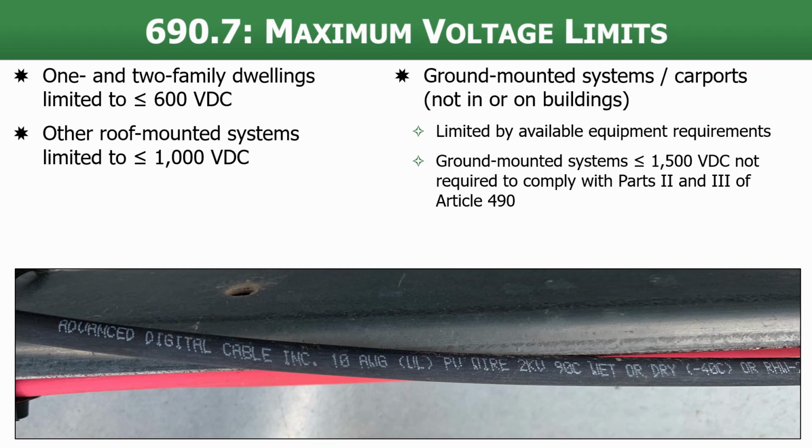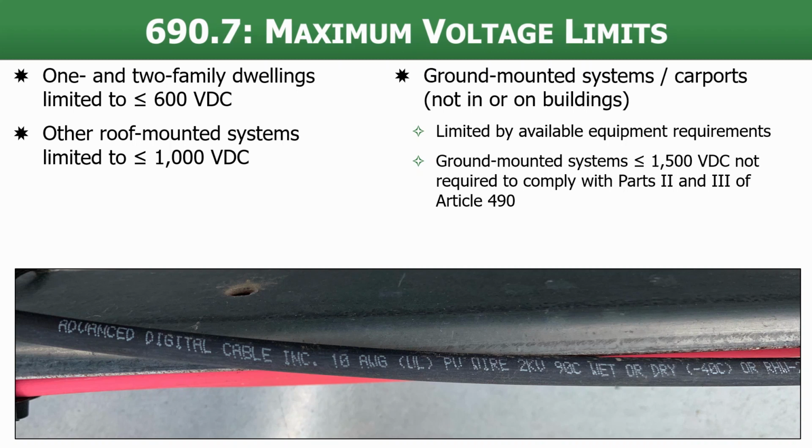But Section 690.7 does say that these systems that are not in or on buildings that are less than or equal to 1,500 volts DC are not required to comply with parts 2 and 3 of Article 490. Article 490 is about systems and equipment above 1,000 volts. So 690.7 tells us ground-mounted systems that are less than or equal to 1,500 volts DC, we don't have to comply with parts 2 and 3 of Article 490.